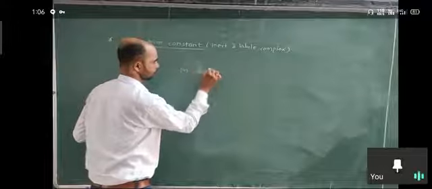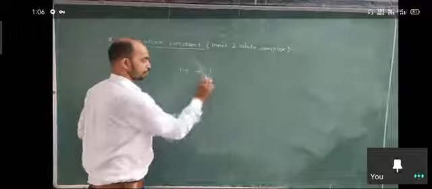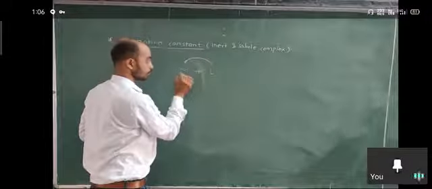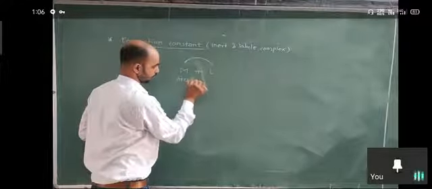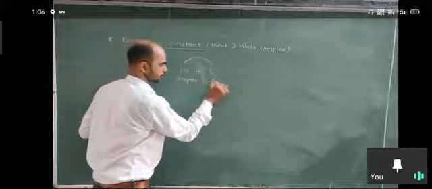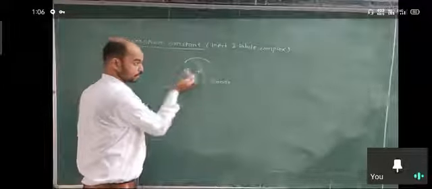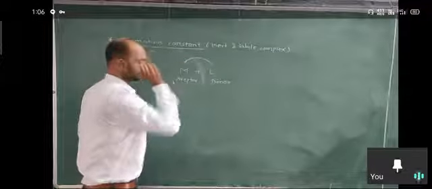One is metal, another is ligand. The role of the ligand is to donate the electron pair, and the role of the metal is to accept. So metal is the acceptor and ligand is the donor. Acceptor means accepting the electron pair from the ligand; donor means donating the electron pair to the metal.